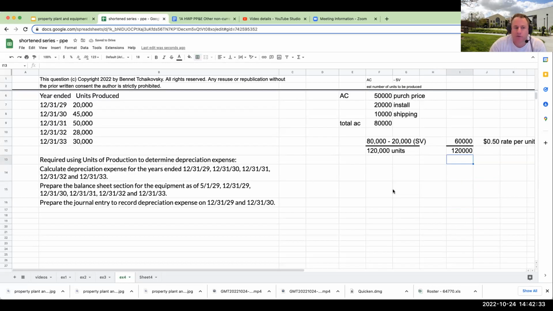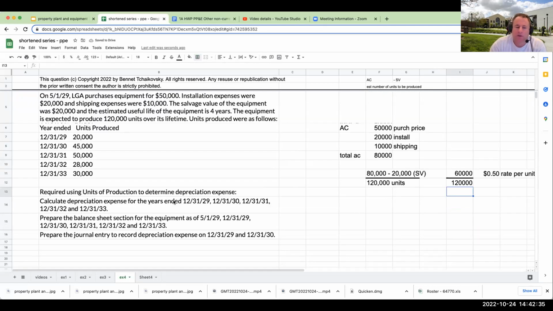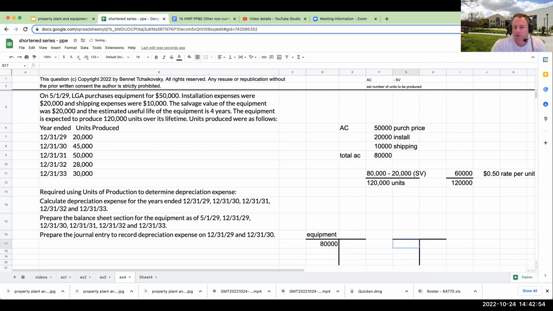As we come over here, we're going to take the same formatting. When I bought this equipment, I said, okay, equipment 80,000, cash 80,000.